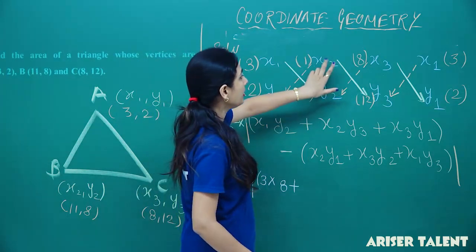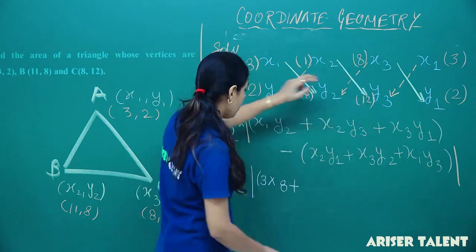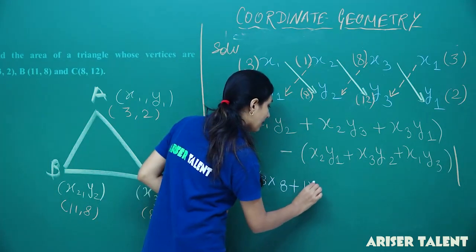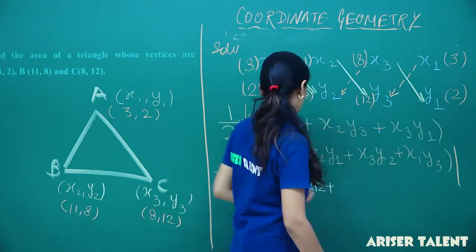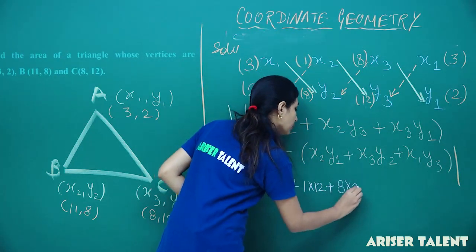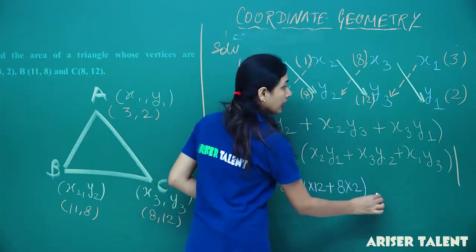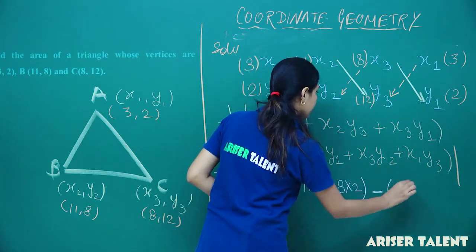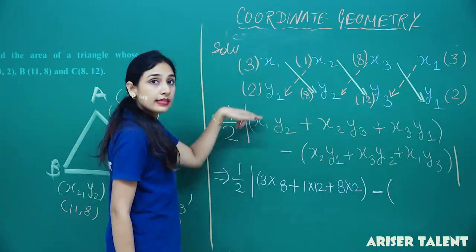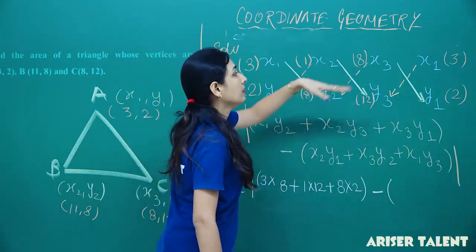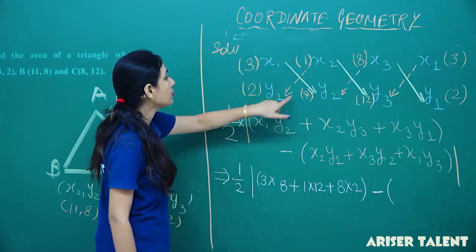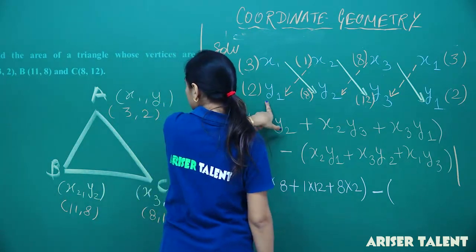Then come here 1 multiplied by 12, then plus 8 multiplied by 2, right, then minus this side, covering that particular parallel side, I'll be going right to left, so that is x2 and x1, that is 1 and 2, no negatives here.